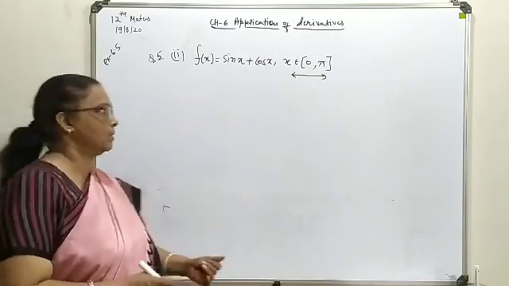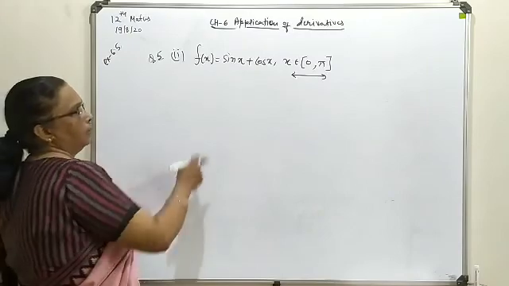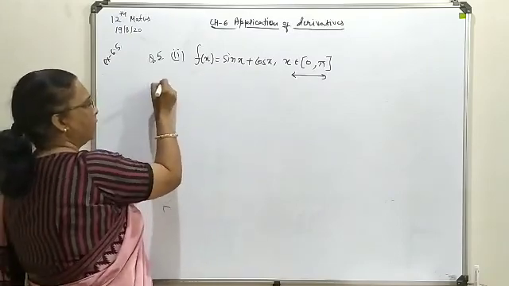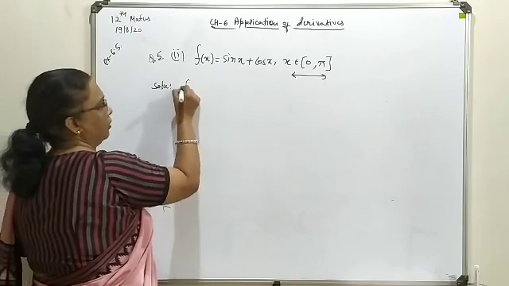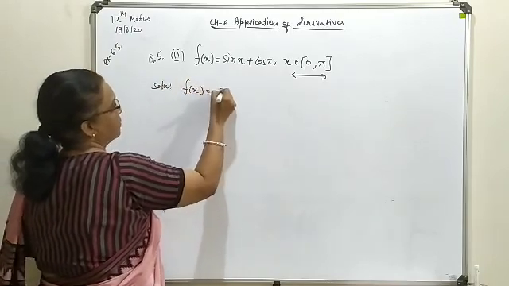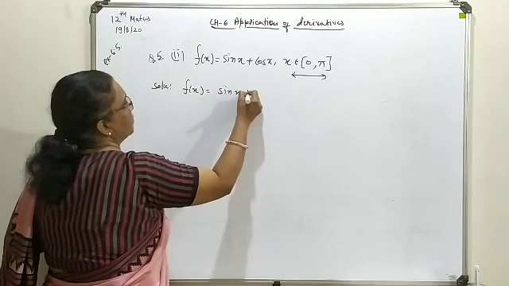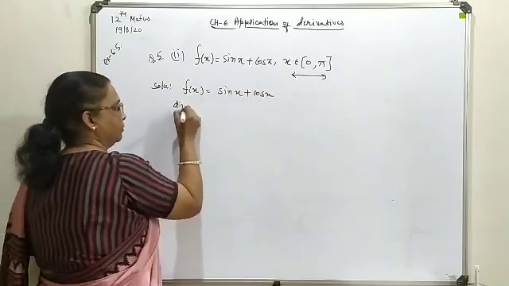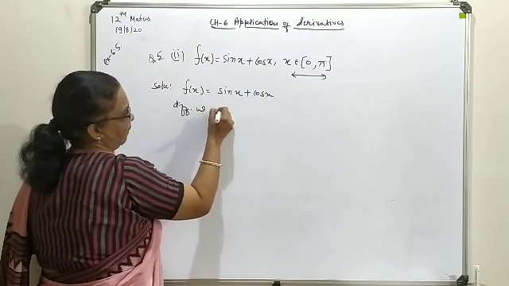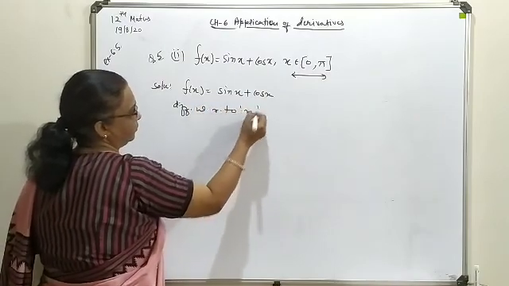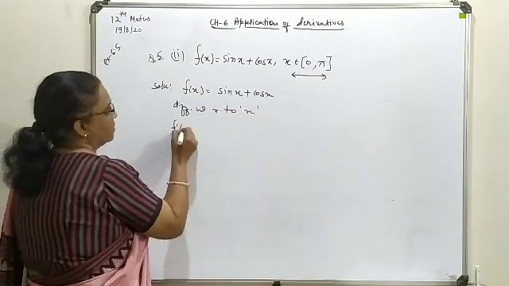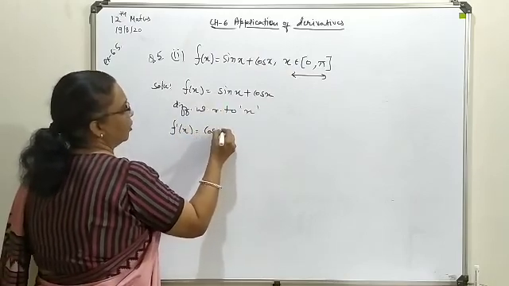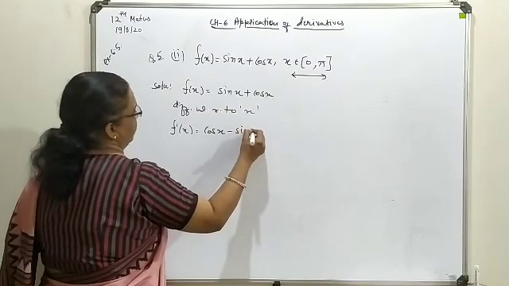So the process is, first of all, as a normal one, we will write the derivative of the given function. Your f(x) is sin x plus cos x. Differentiate it. f dash x you will have as cos x minus sin x.